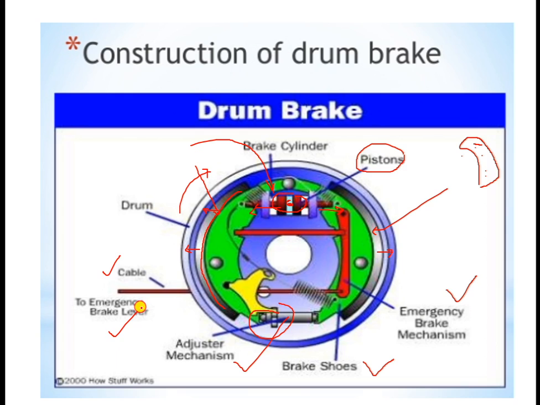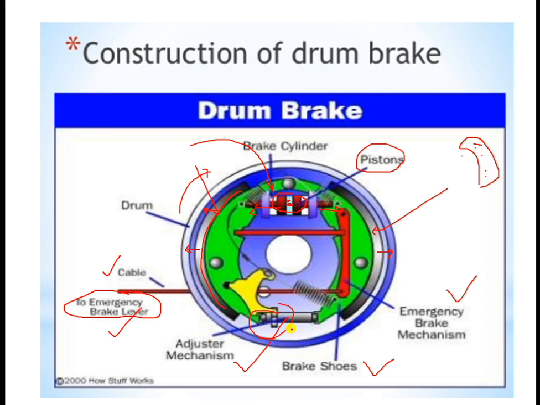This is the emergency braking system, which is generally associated with our power brake or hand brake. It is not installed only for that purpose. Try to remember this, but it is not necessary to explain it. When explaining the construction of a drum brake, don't show this emergency braking system.